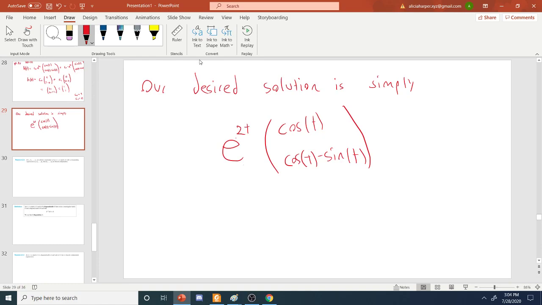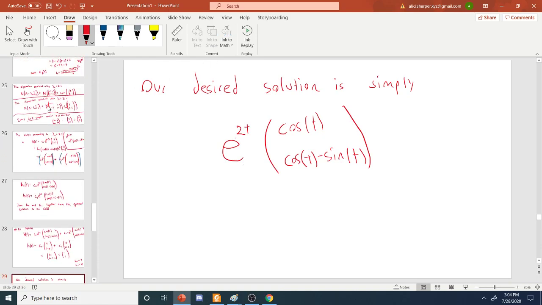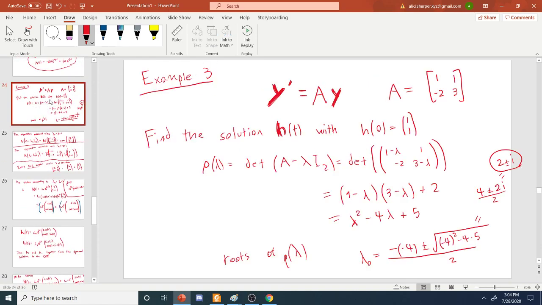So if you think about what we did, it's kind of amazing. And I want to go through it one more time. We are trying to solve this differential equation where we have this matrix A, and y here is the vector with entries y1 of t, y2 of t. And we want to find a solution satisfying this property.